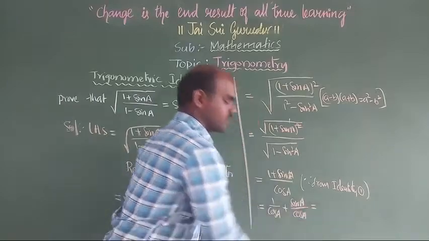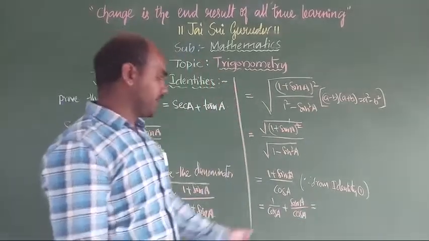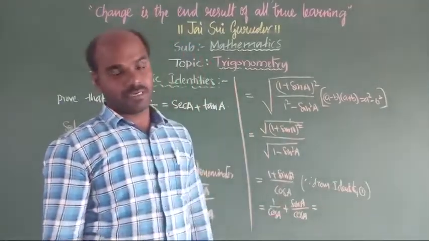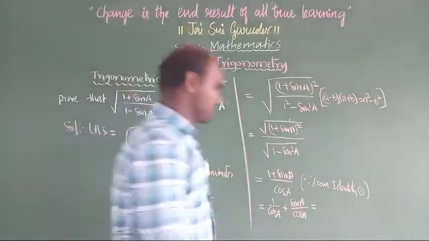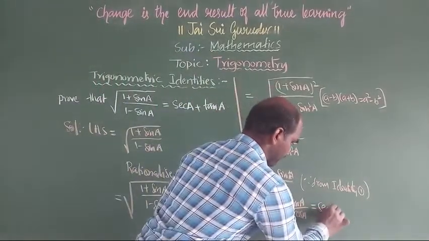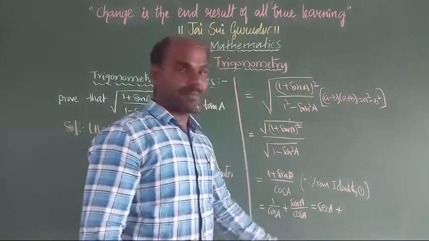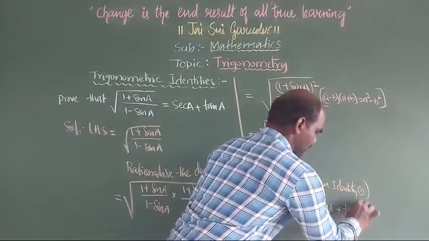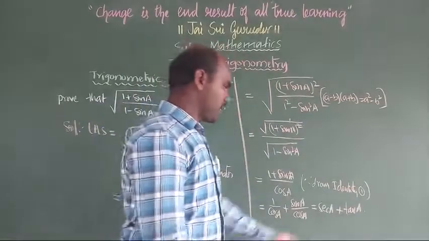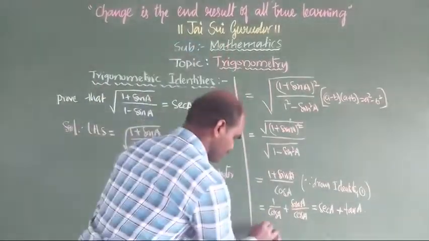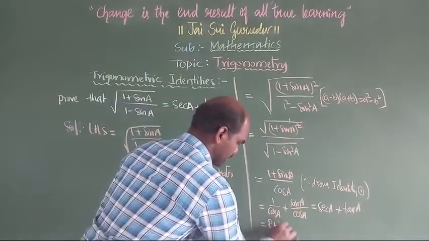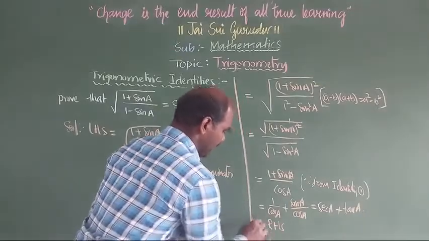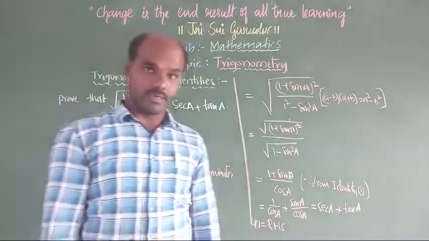So it is equal to 1 by cos a, the reciprocal of which, children? Sec a, plus sin a by cos a, that is tan a. Yes or no, children? So you are getting LHS equals RHS.